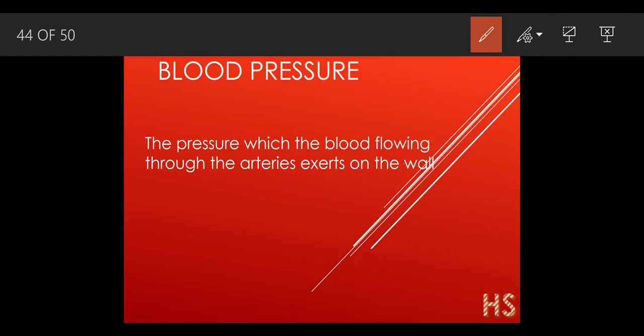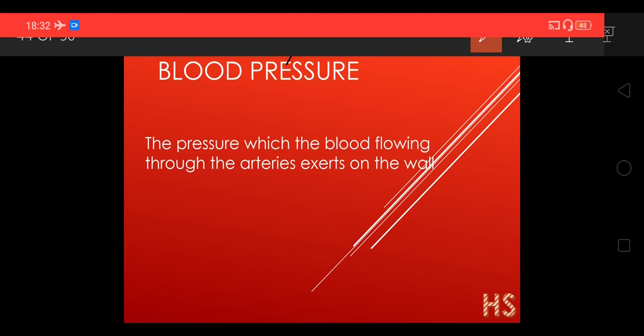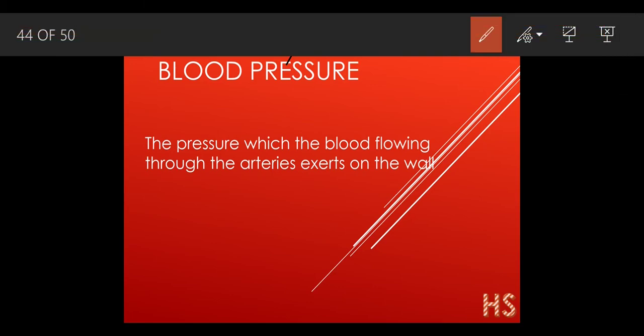But there could be two conditions. In some cases, a person might feel weak. So when does this person feel weak? When the heart is pumping but it is not supplying that much blood to the body parts. At that period of time, the blood pressure of that person is very low.